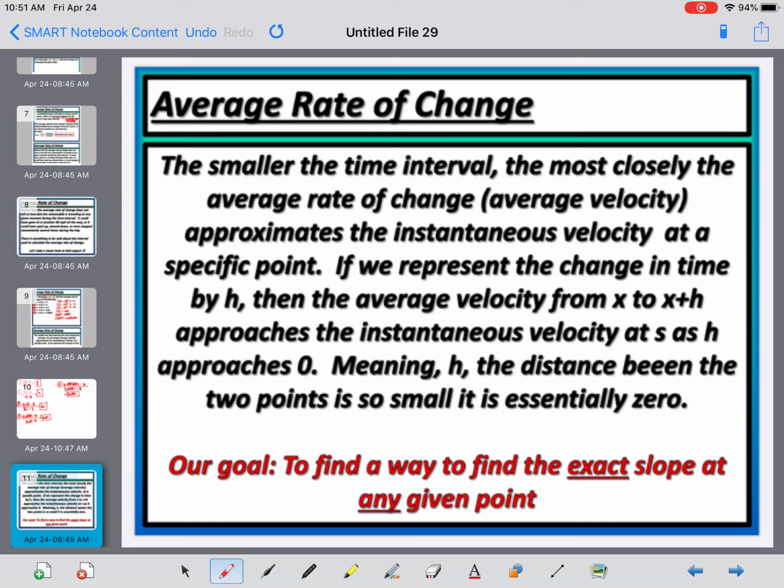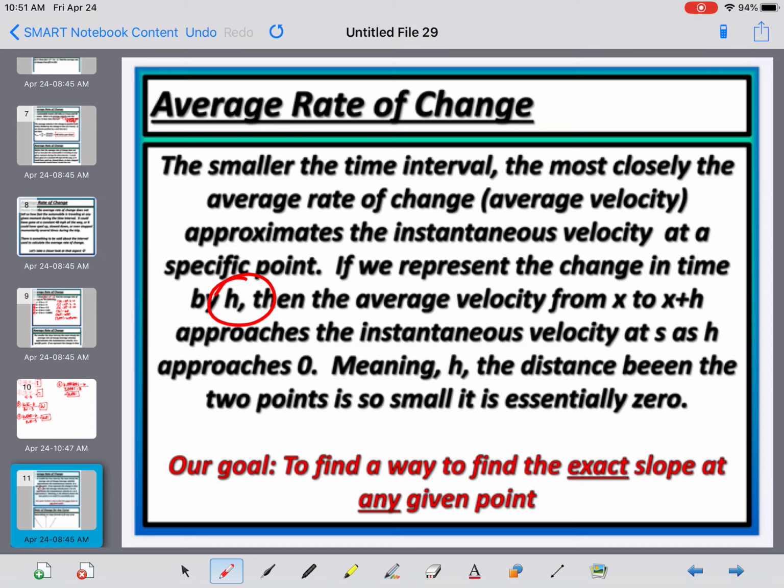So as the distance between 2 points becomes smaller and smaller, they're merging into becoming the same point. So we identify the space between the 2 points, the time period, as h. So if you have a starting point of x and then a second point of x plus h, h is that distance, that time interval in between the 2 points.